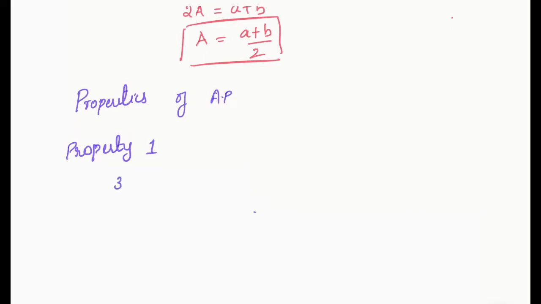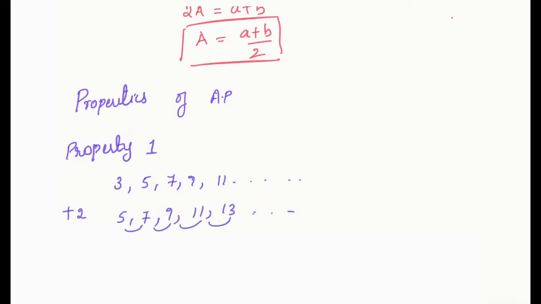For example, if you have AP 3, 5, 7, 9, 11, etc. Consider that I am adding a fixed number. If I am adding 2 throughout this, what I'll get is 5, 7, 9, 11, 13 and it goes like that. Again you can see this as an AP.